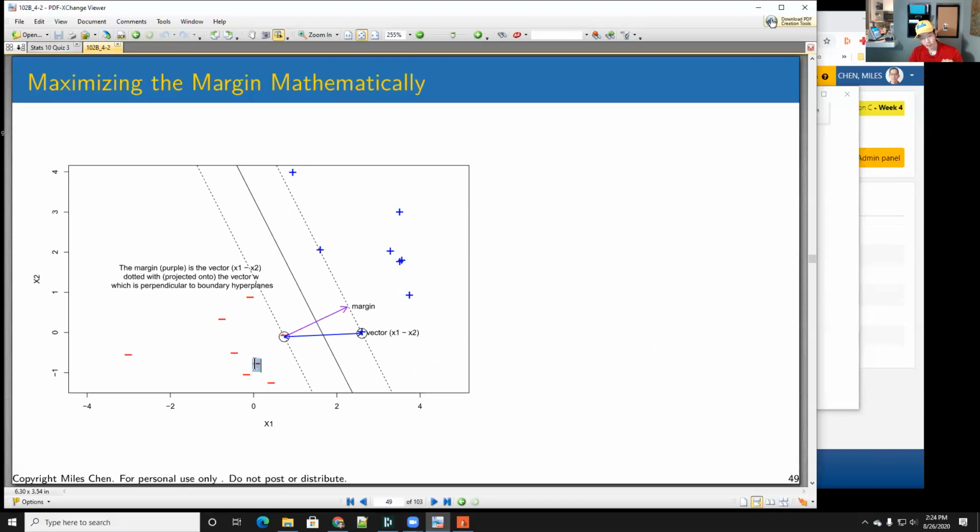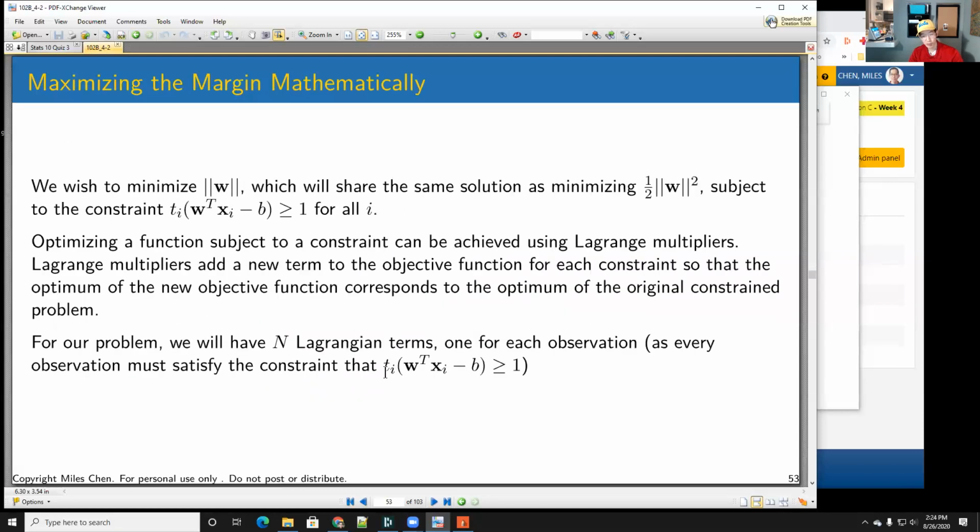Every single one of these creates a constraint in the thing that we want to optimize. So we're going to have n of these Lagrangian terms, one for every observation, because every single observation has to satisfy this constraint. We don't want to have any points that are misclassified.